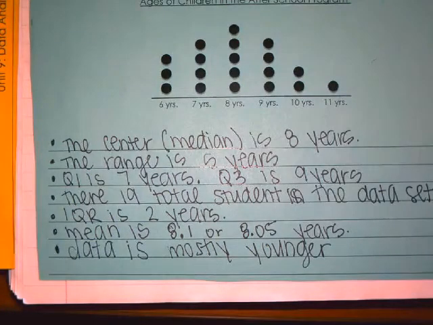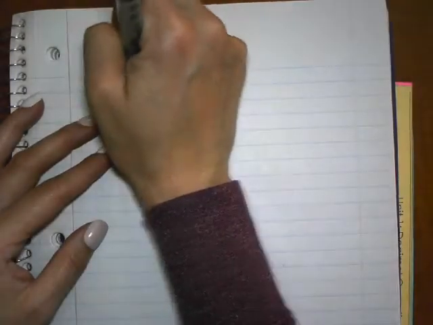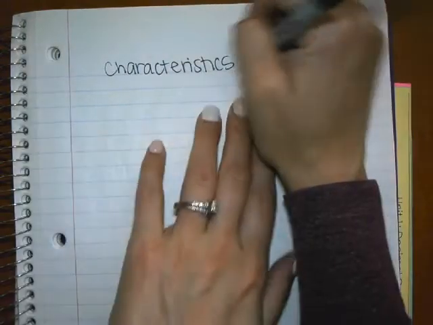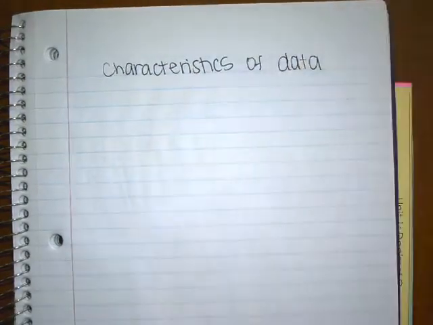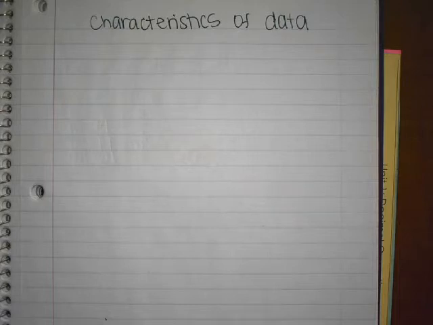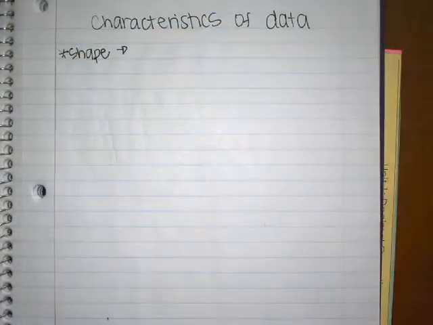Okay, let's go to a blank sheet of paper in the back. Okay, so there's something that's called shape, meaning what's the shape of the data that you are given.